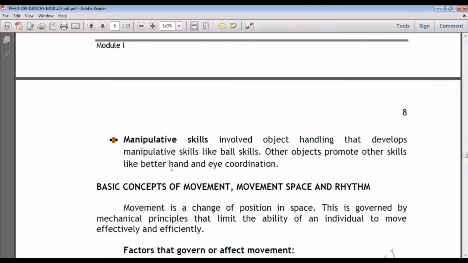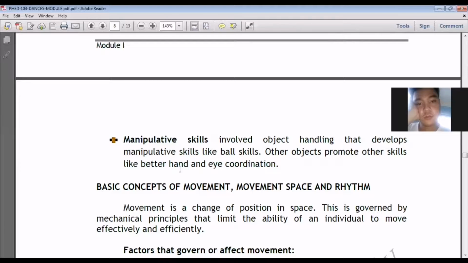Ang difference na nito is meron kang hahawakang objects. When you were in elementary, kapag foundation day, kinder usually ito, meron silang manipulative exercises. Nahawakan lang nila ribbons or ball or yung, how do you call the circle one?